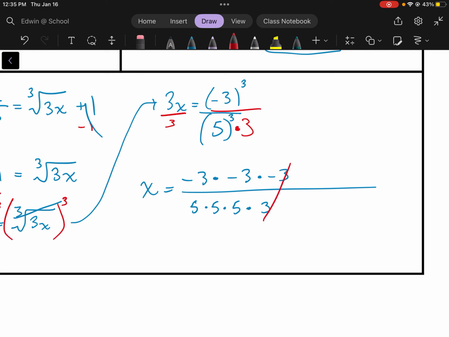So the reason I wrote it like this is so that we could see that one of the 3's cancels out and we're left with a -1 up there. So our answer should be -3 times -3 times -1. That should be a -9. Then the 5 times 5 times 5 is 125.